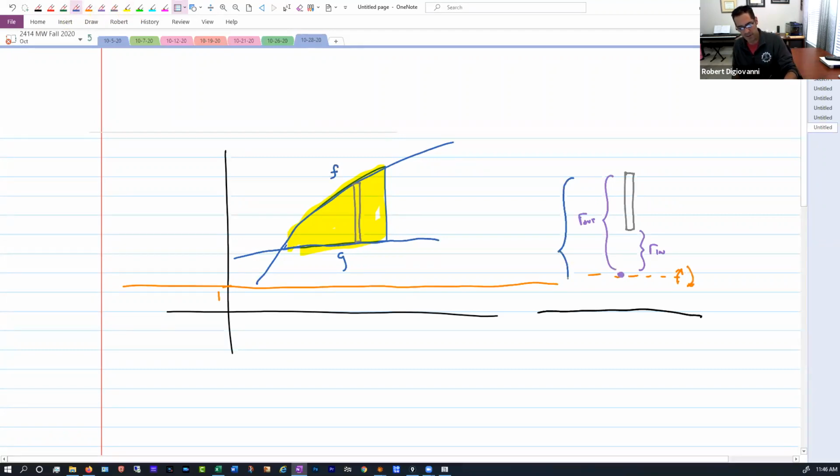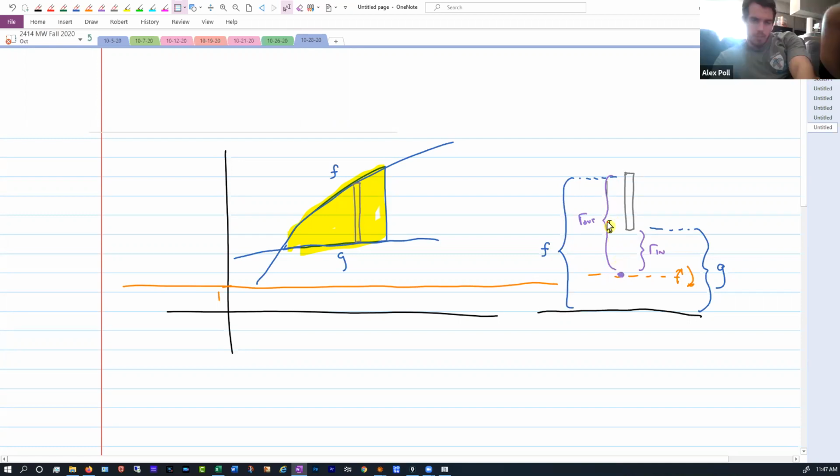This distance is the f function, that distance is the g function. Do y'all see that? So what would r out be? What would the distance from here to here be? It'd be f minus 1, because the distance from here to here is 1, but the distance all the way from here to here is f. So this purple distance is f minus 1, and this one would be g minus 1.